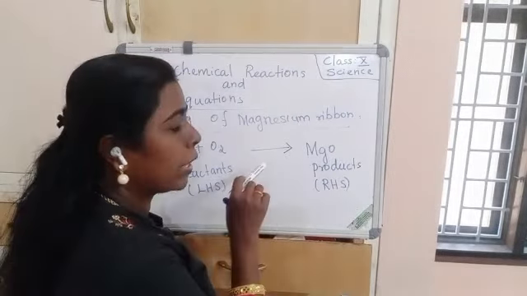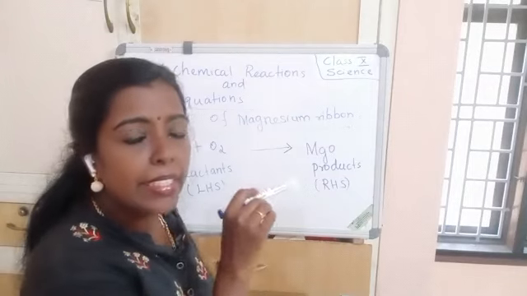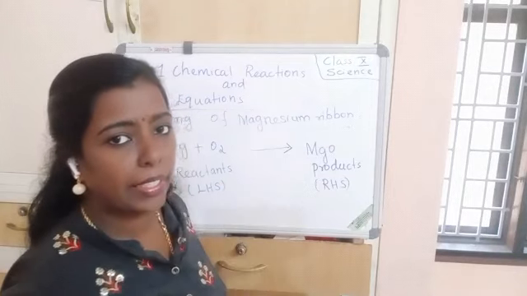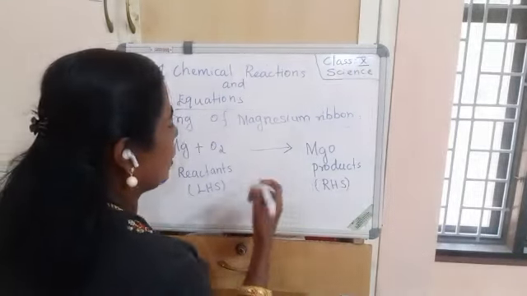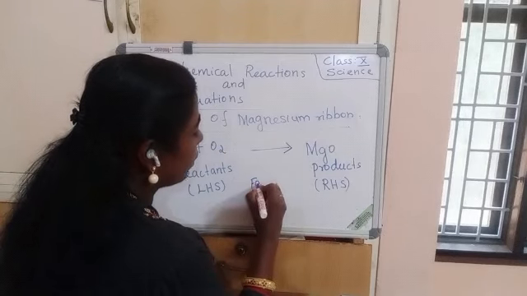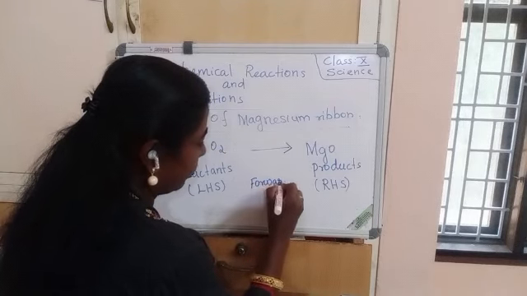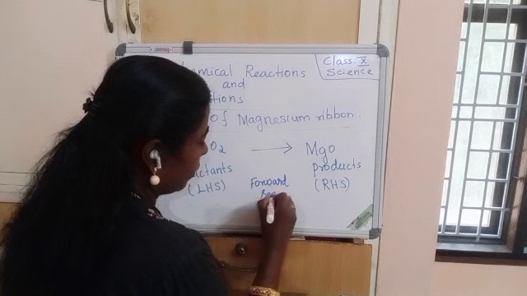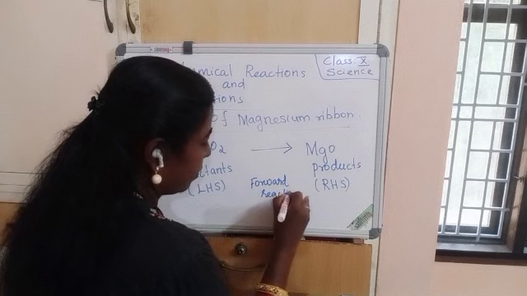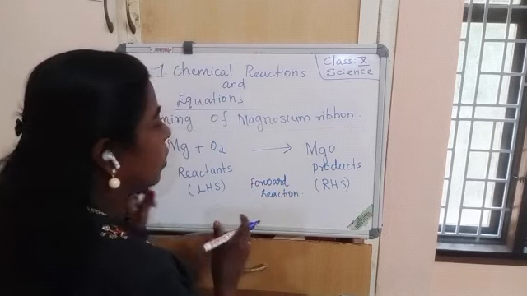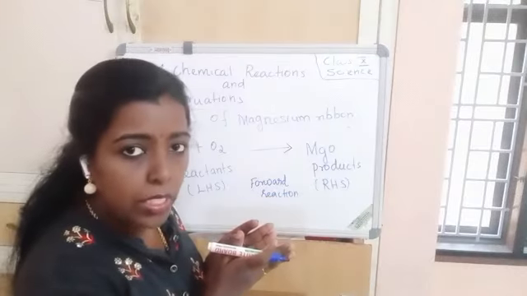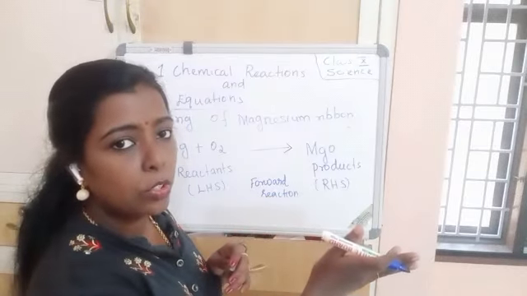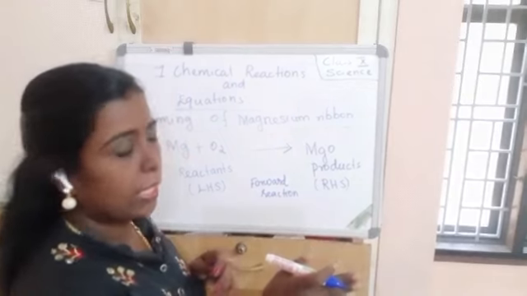This arrowhead indicates the direction of our reaction. That means our reaction is a forward reaction, so our arrow is always pointed towards the products only.